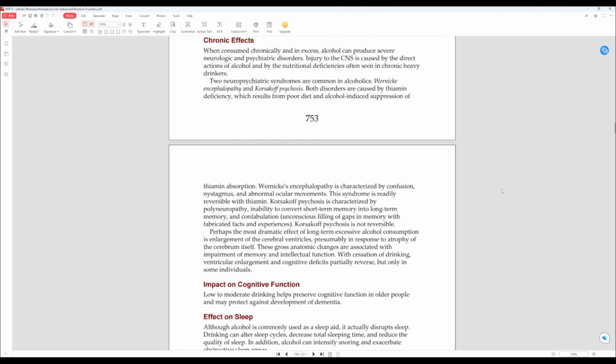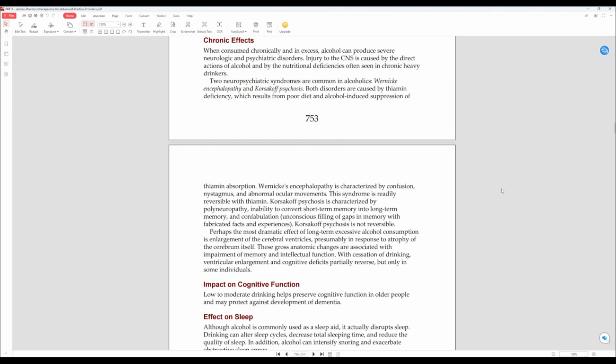Two neuropsychiatric syndromes are common in alcoholics: Wernicke's encephalopathy and Korsakoff's psychosis. Both disorders are caused by thiamine deficiency, which results from poor diet and alcohol-induced suppression of thiamine absorption. Wernicke's encephalopathy is characterized by confusion, nystagmus, and abnormal ocular movement. This syndrome is readily reversible with thiamine.